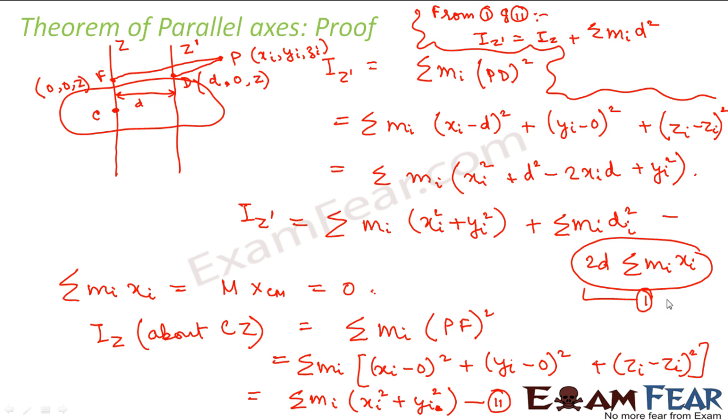So this term became 0, this term became equal to Iz, and this term is nothing but summation of mi into d square. Summation of mi is nothing but capital M. So this is how the theorem of parallel axis was also proved.